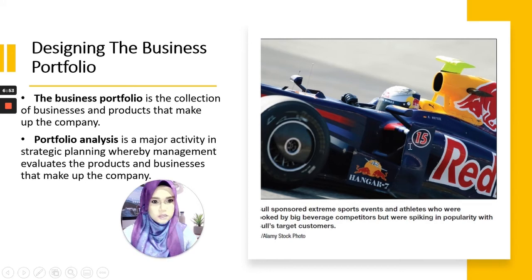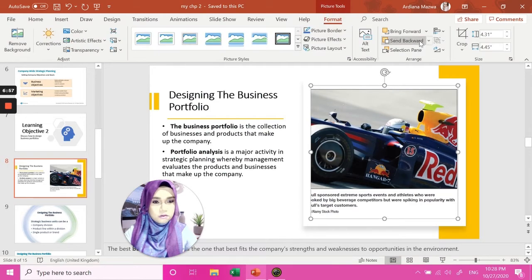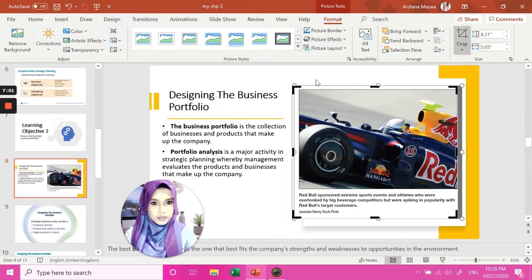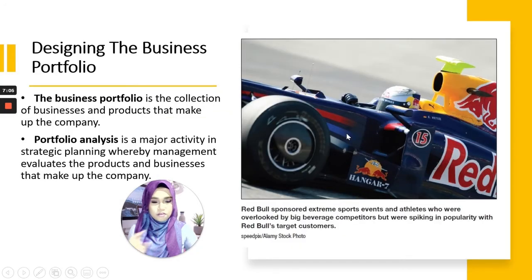Let me see why this particular picture is being cropped. Hold on, yeah. Okay, so that I can explain this Red Bull example. They wanted to find out what could be their business portfolio. You know Red Bull, right? Red Bull is an energy drink.